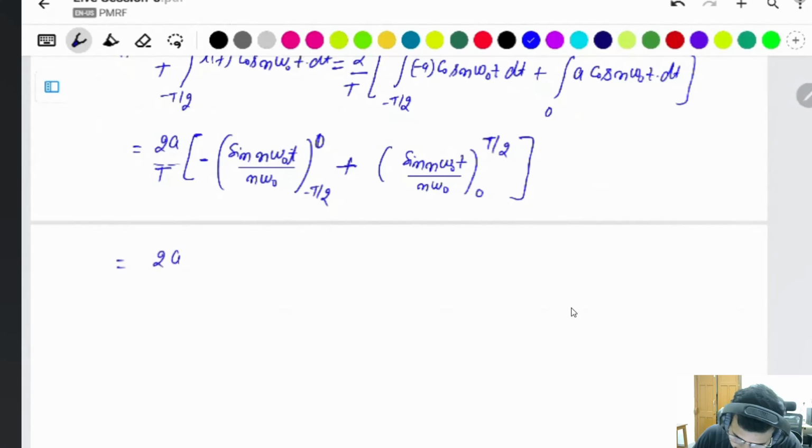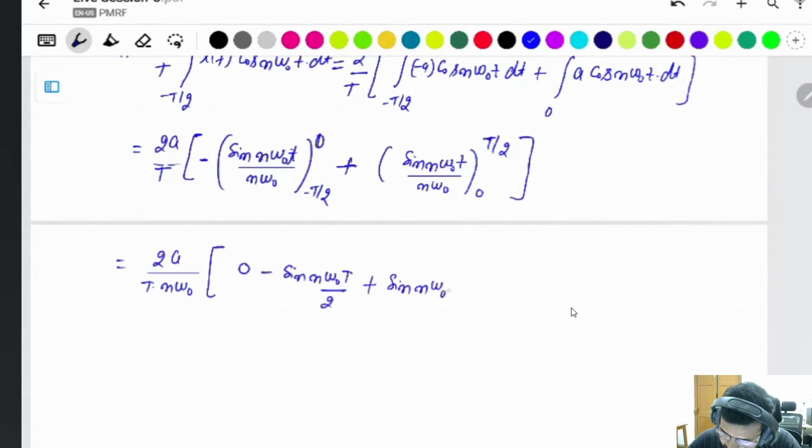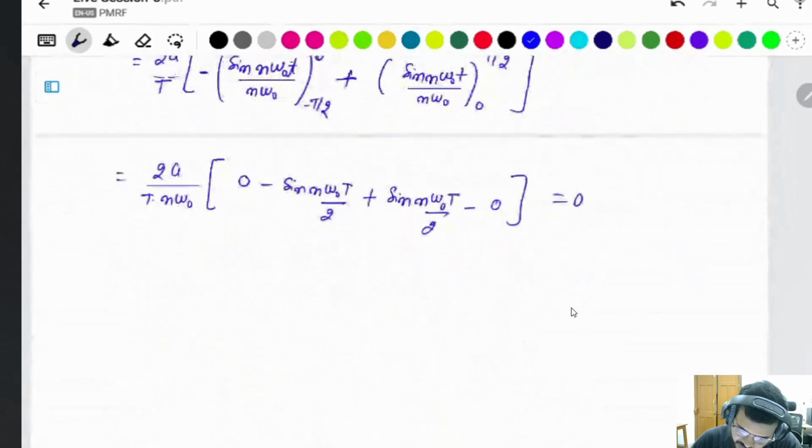You can take common n omega naught outside. Sine 0 value is 0, minus minus will be plus, then again minus t by 2 will be negative, sine of n omega naught t by 2 plus sine of n omega naught t by 2 minus sine 0 is 0. Then what value is 0? It means an value is 0 in this case.